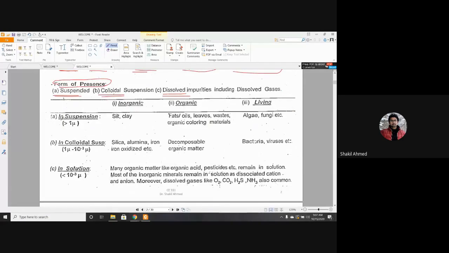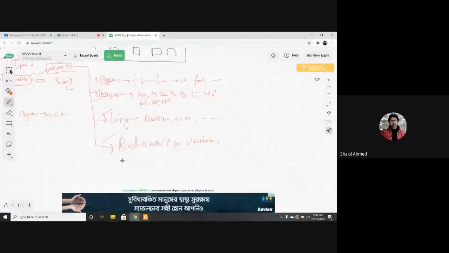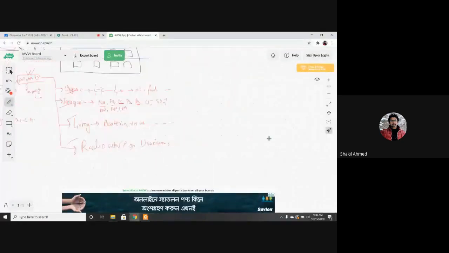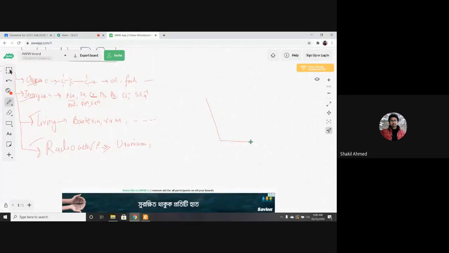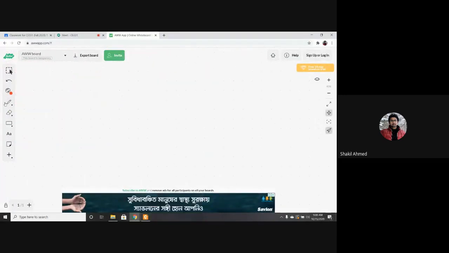Suspension, what does this mean? Suspension means when the pollutant size is greater than 1 micrometer. For example, silt, clay.